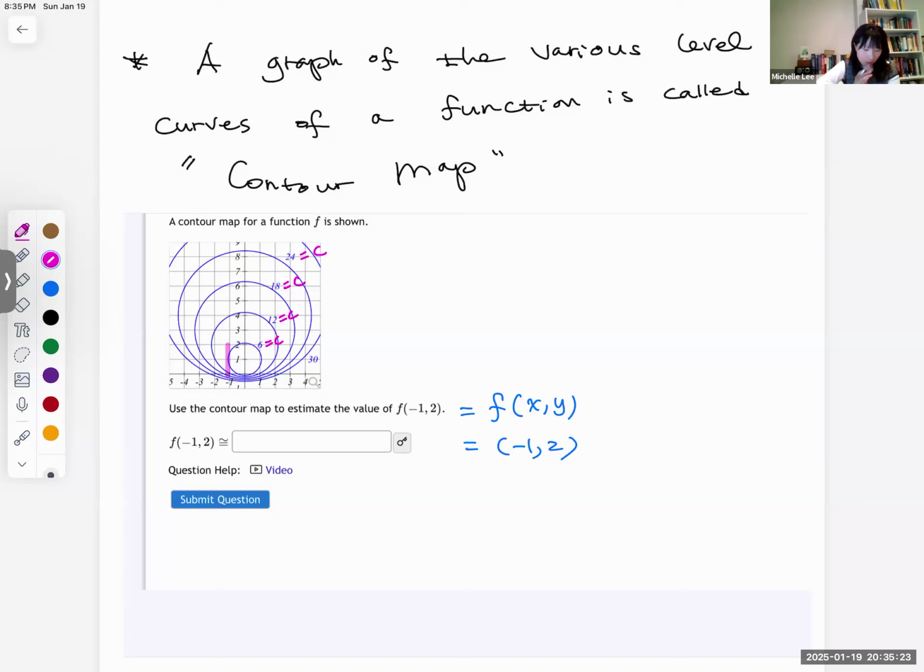Okay, now what can you tell in this spot, right? -1 and 2. So let me write down there is a -1. So here is -1 and 2. How do we evaluate that on the contour map?